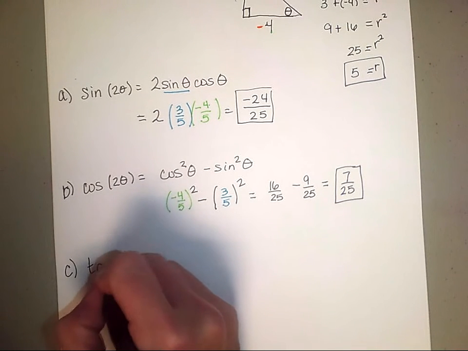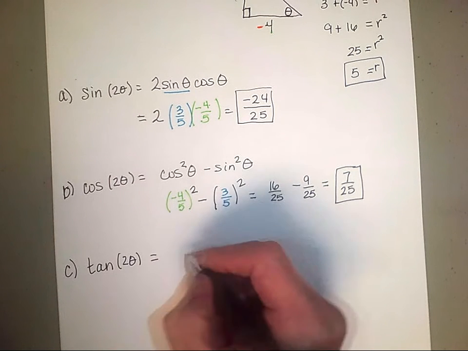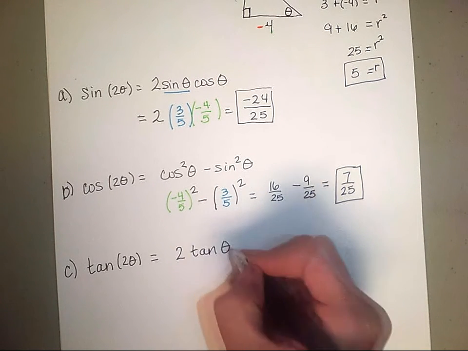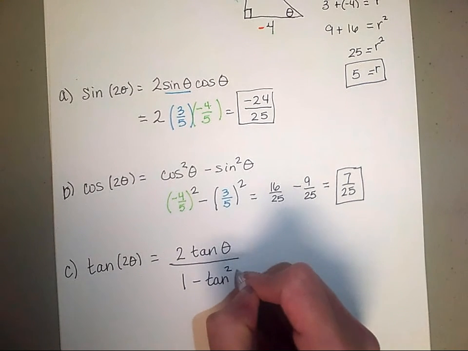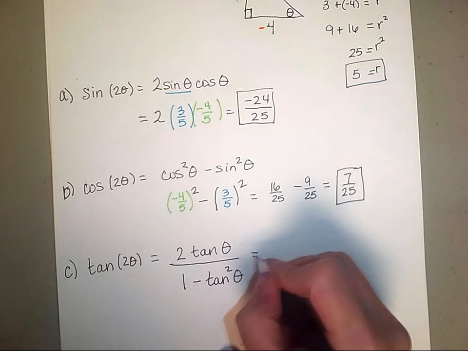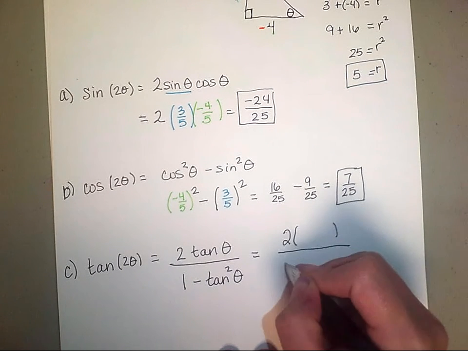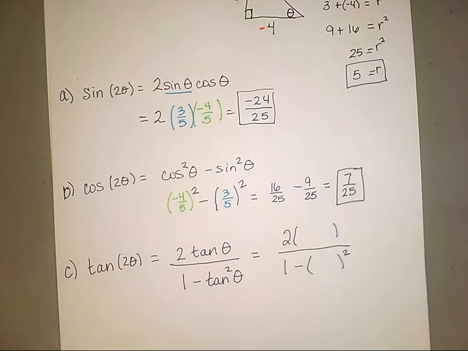We can also think about the tangent of the double angle. And remember, that's going to be 2 times the tangent of the single angle over 1 minus tangent squared of the single angle. So this will be 2 times the tangent over 1 minus the tangent squared.